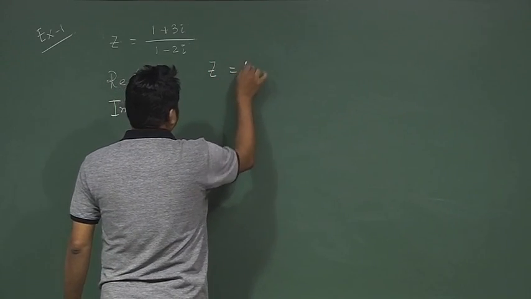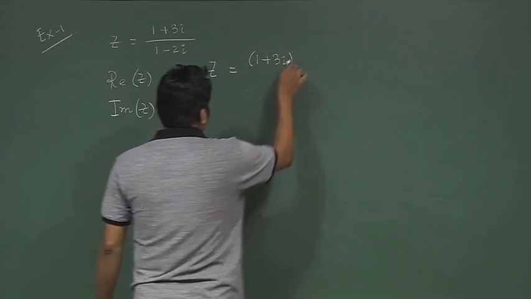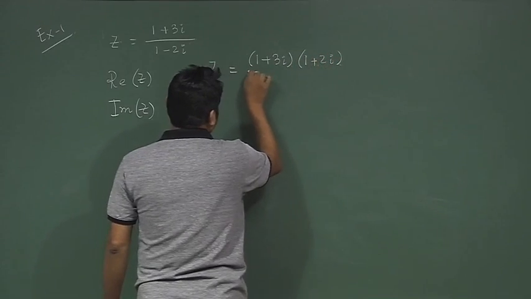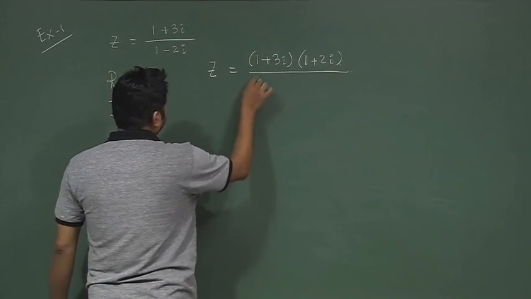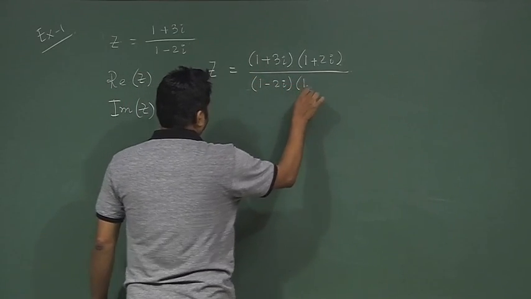So, z can be represented as 1 plus 3i multiplied by 1 plus 2i, the complex conjugate, and the denominator is 1 minus 2i times 1 plus 2i.